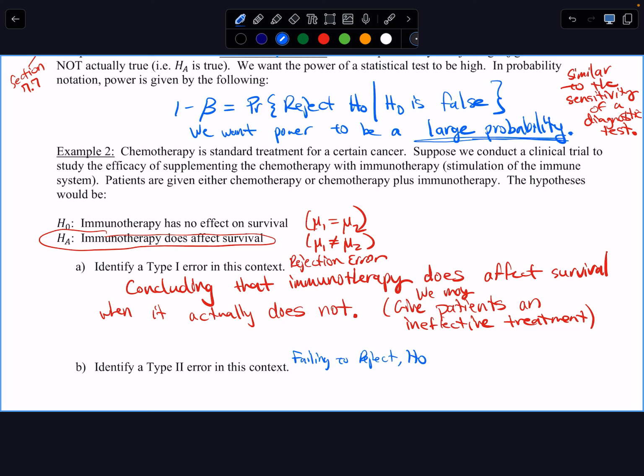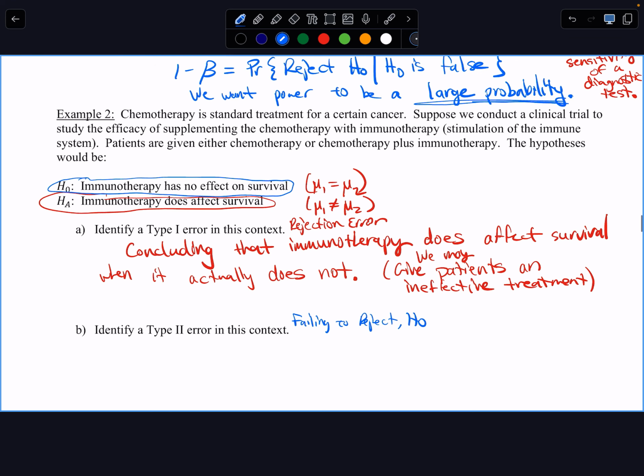All right. So when we fail to reject the null, in general we say there's not enough evidence to say that this thing right here is true. So we're kind of saying that the null hypothesis might be true. We just haven't gathered enough evidence. So in a type 2 error case, we may conclude that immunotherapy has no effect when in reality it actually does. We might conclude that this is true.